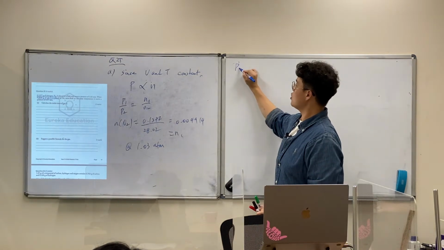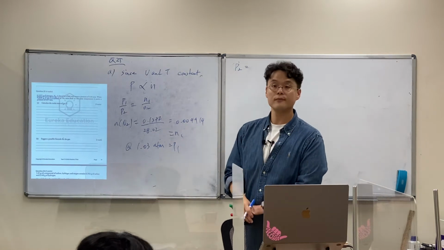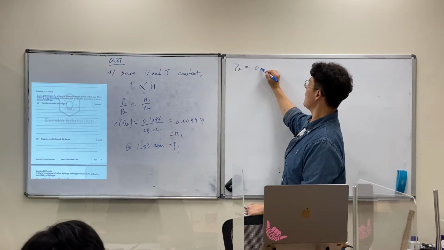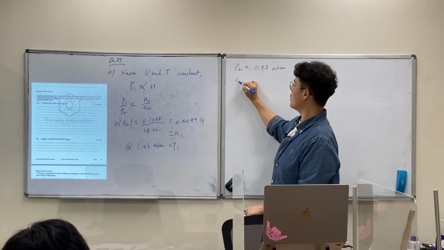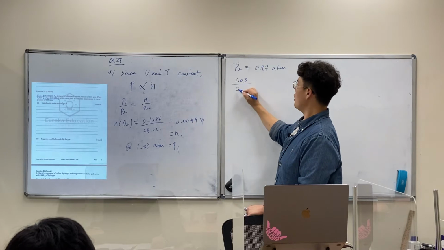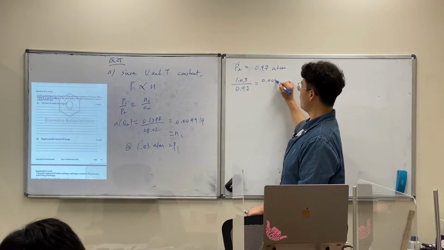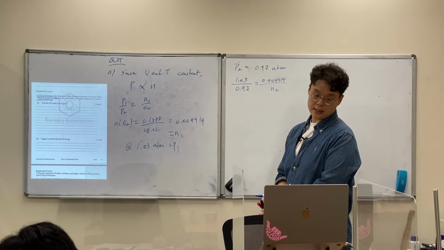As we know P2, it's given as 0.97 atmosphere. Then P1, 0.13 divided by 0.97 must equal N1, 0.004914 on N2, which is the number of moles of the X.